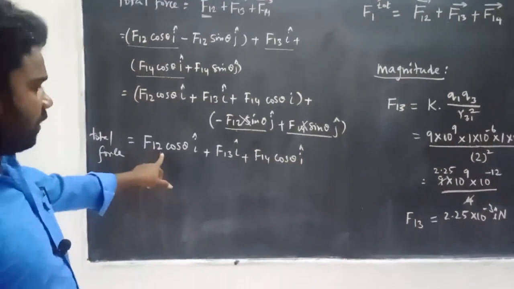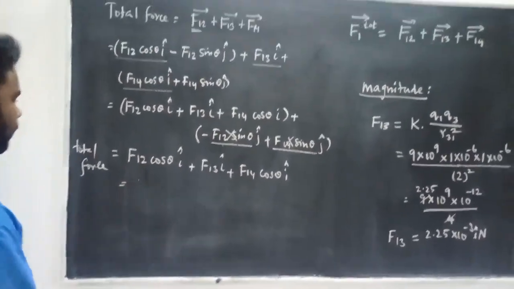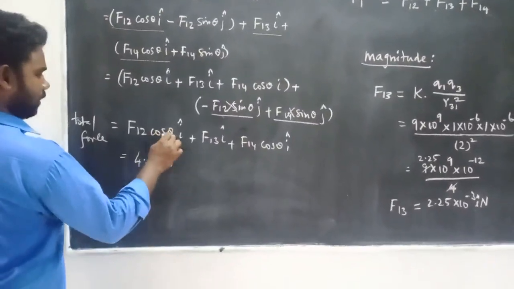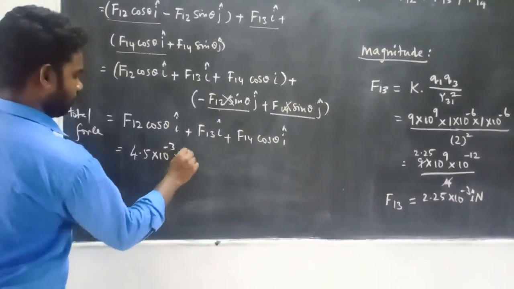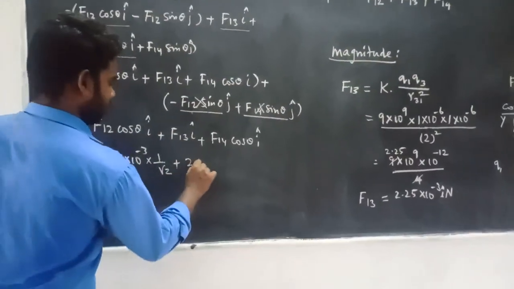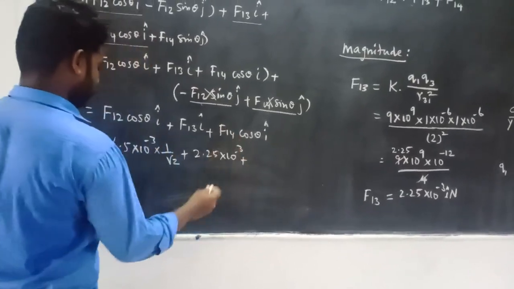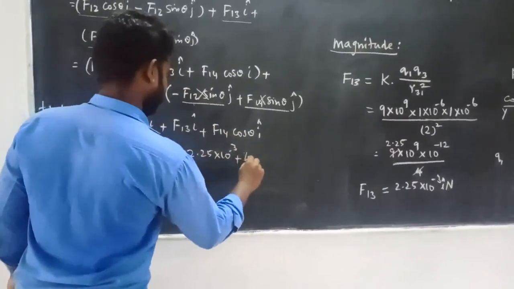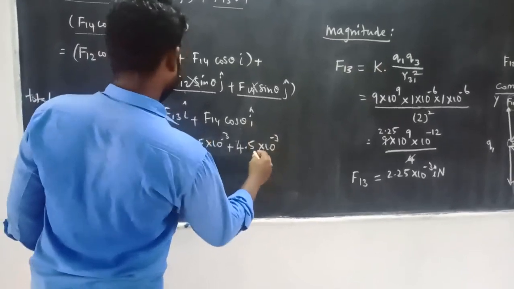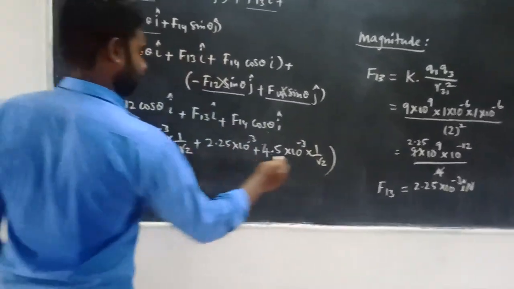The value of F12 is 4.5 into 10 to the power minus 3, cos 45 value is 1 by root 2, plus F13 value is 2.25 into 10 to the power minus 3, plus F14 value 4.5 into 10 to the power minus 3, cos 45 value is 1 by root 2, into i cap.